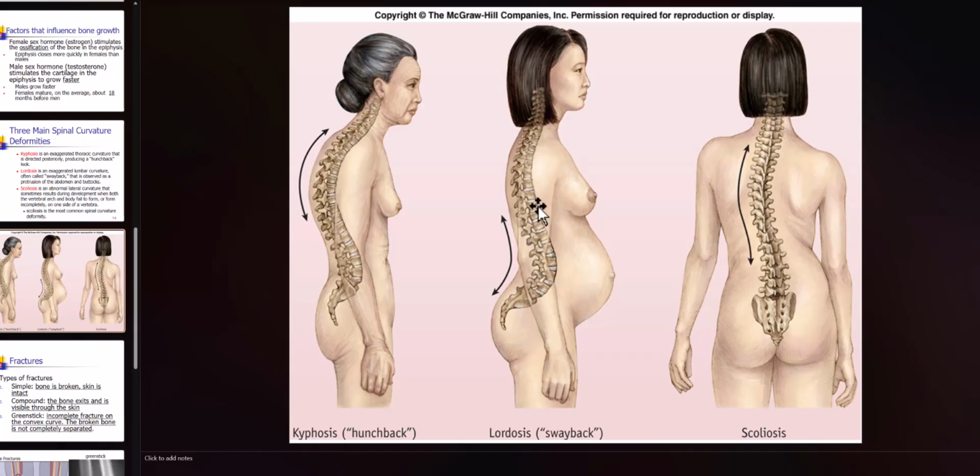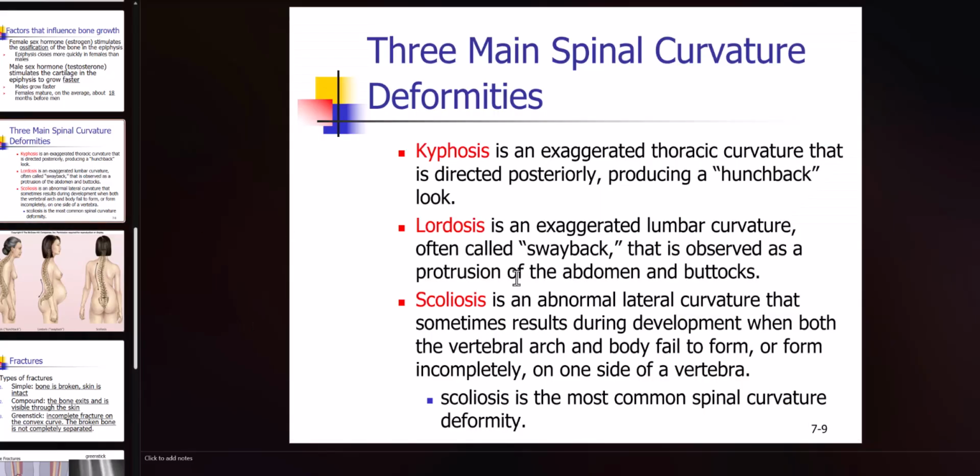This lordosis can also lead to pinching, as the nerves coming out through those intervertebral foramina are pinched, and that can lead to sciatic pain because the sciatic nerve comes off around the L4, L5, S1 area, and so that sciatic nerve can get pinched pretty significantly in lordosis. So those are described here for you.